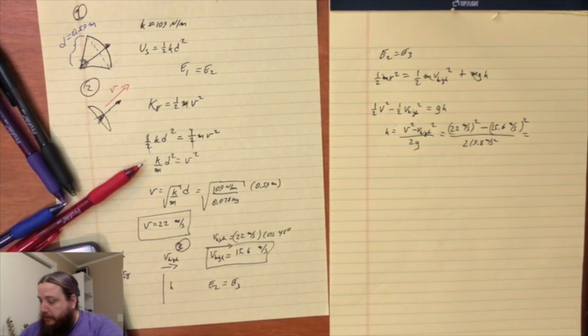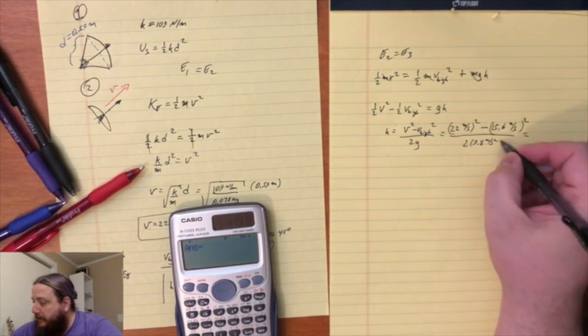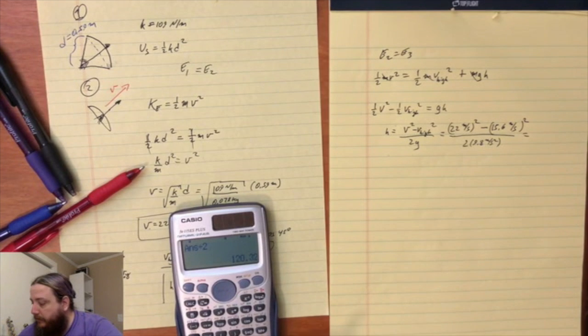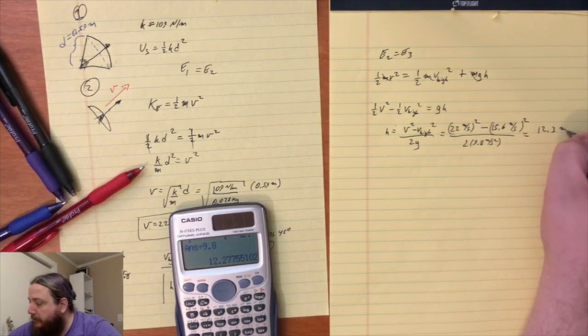So 22 squared minus 15.6 squared divided by 2 divided by 9.8 is 12.3 meters.